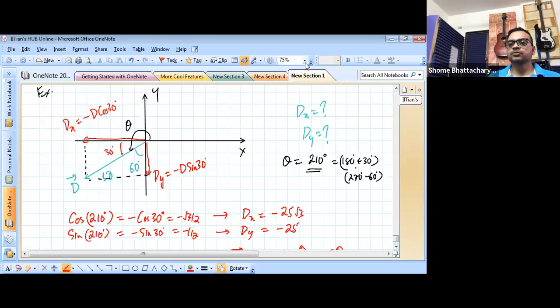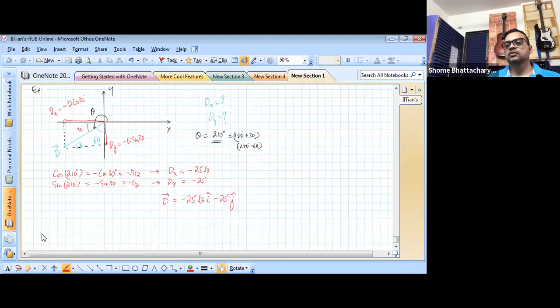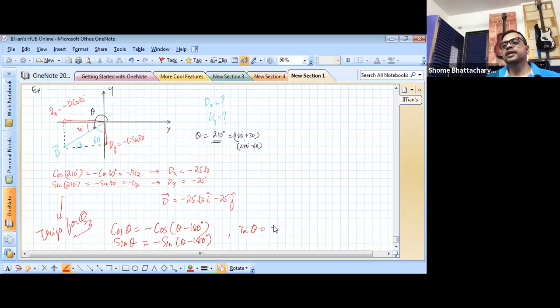This in fact even gives you the formula for the third quadrant. This gives you the trigonometric formula for quadrant 3, that cos of theta can be written as minus cos of theta minus 180 degrees, and sine of theta can be written as minus sine of theta minus 180 degrees, and therefore tan of theta becomes positive of tan of theta minus 180.